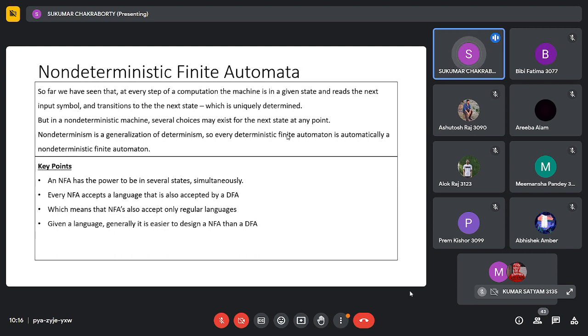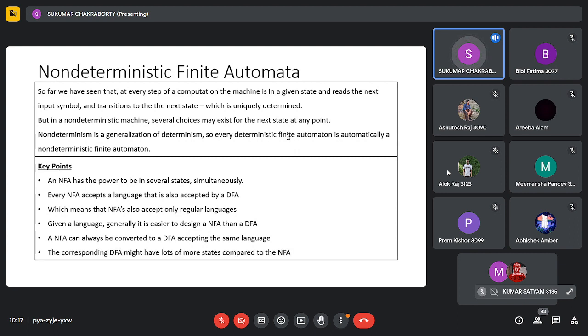So what do we generally do? We generally design an NFA and then we convert the NFA to a DFA using some tools and techniques that we will discuss. An NFA can always be converted to a DFA accepting the same language. So there is a specific process using which you can convert an NFA to a DFA.